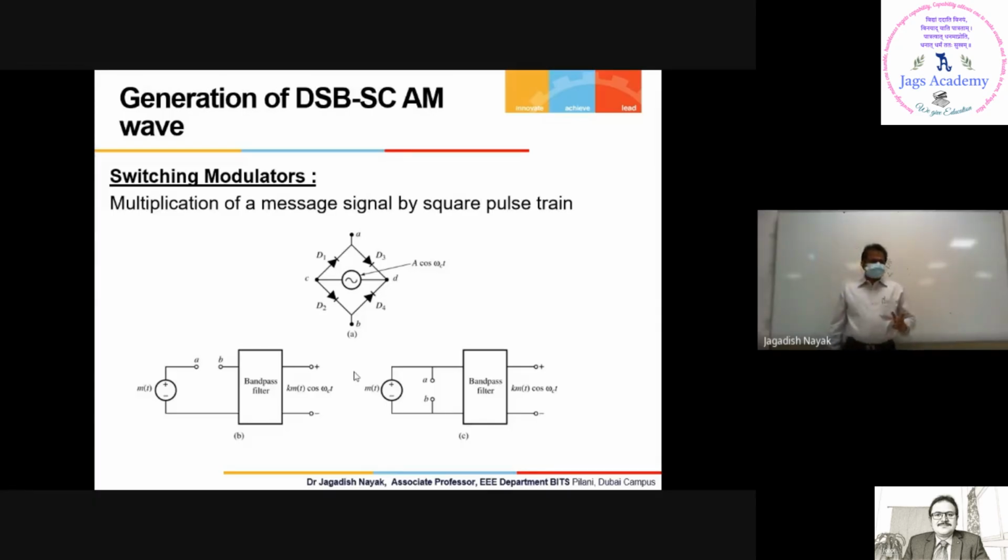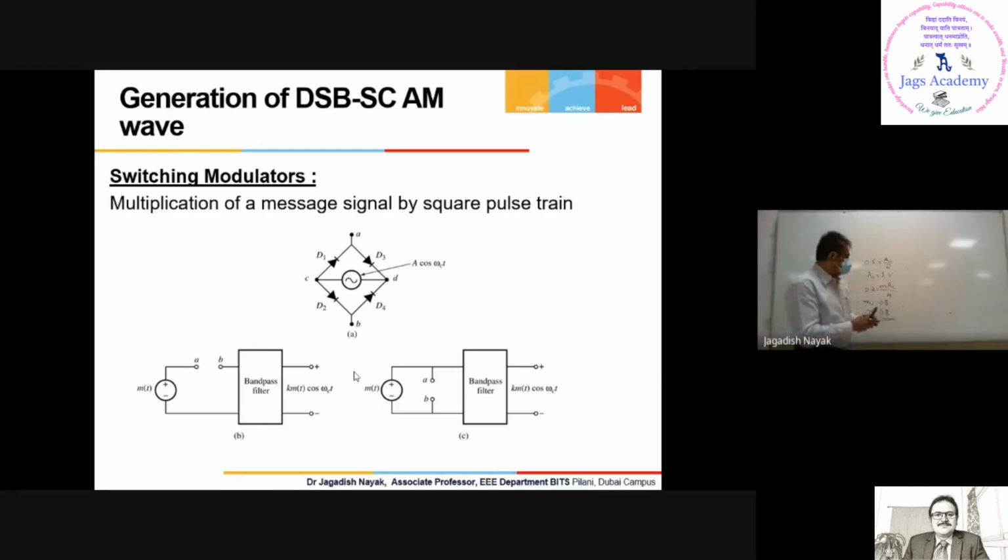You are actually supplying a carrier waveform, A_c cos omega_c t. It's an oscillator. Are you knowing about oscillator? What is an oscillator? I'm just bringing this up because there is a term called oscillator there.